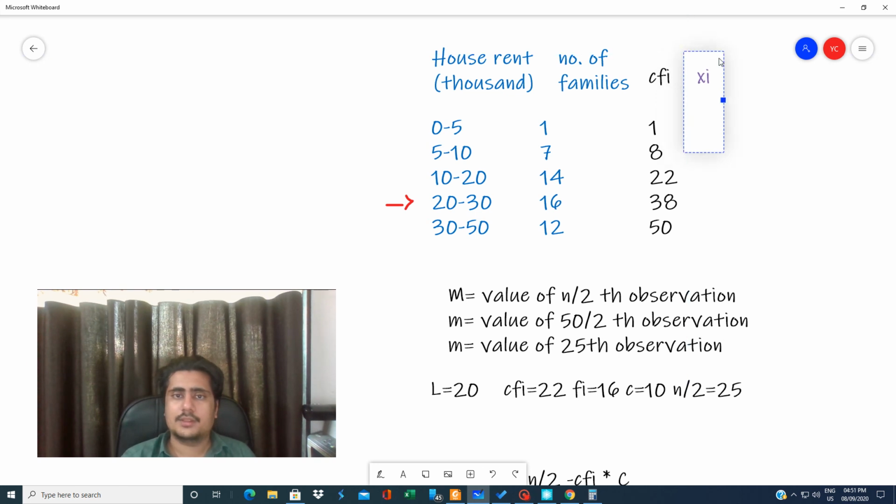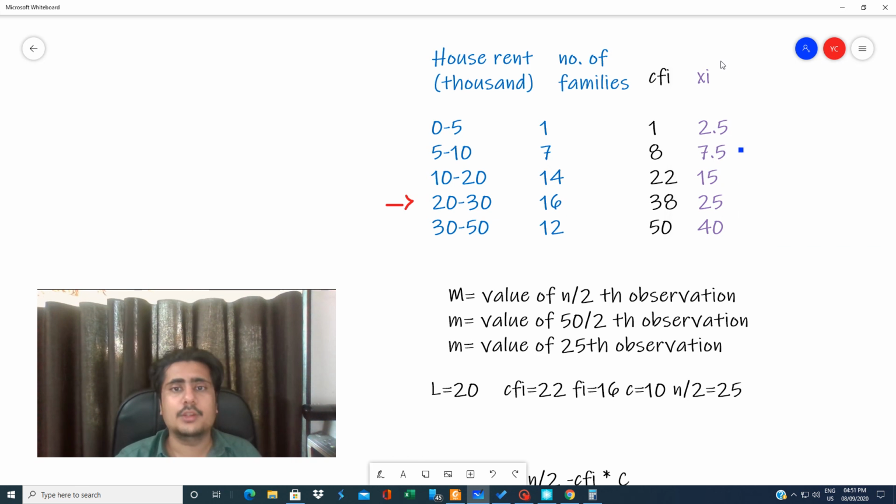How is this xi to be found? It's 2.5, 7.5, 15, 25, and 40. As I told you, you need to take the mid value of each and every class when classes are unequal. You have to pay attention that you have to find the mid value of each and every class. There is no trend like 2.5, 7.5, 12.5 in this.